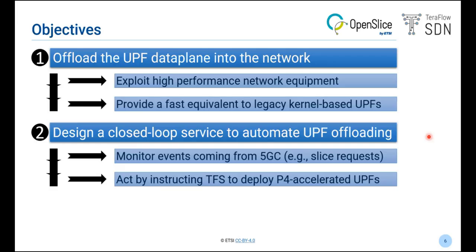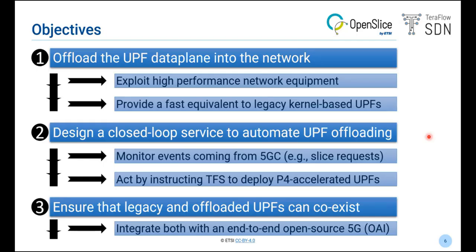So when something happens in the network and you need this kind of high-performance UPF, you can have it on demand. And finally, ensure that these kind of UPFs can coexist with the legacy ones, and yet both be integrated with a real 5G core system, not just emulation or simulation stuff.